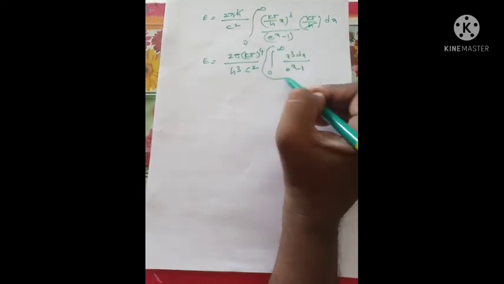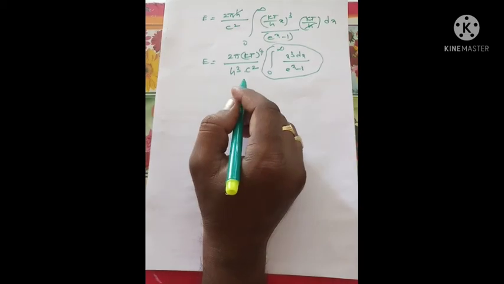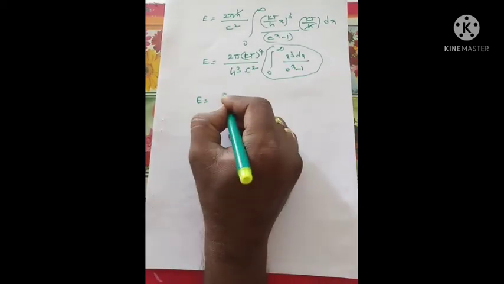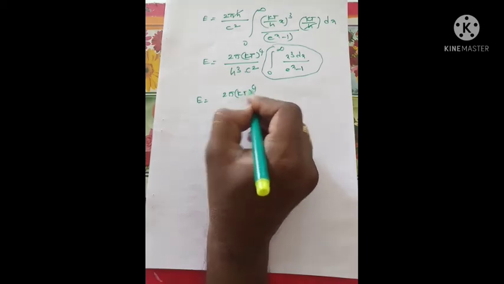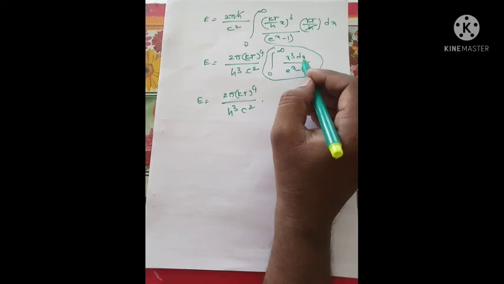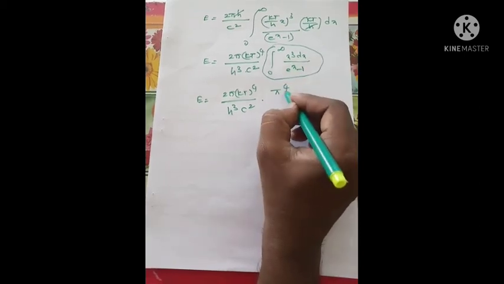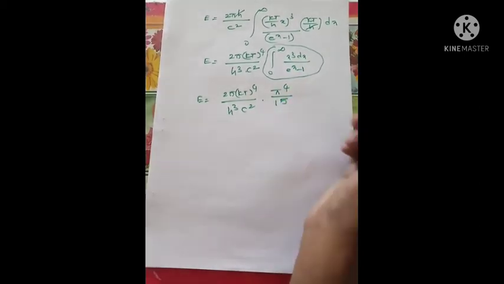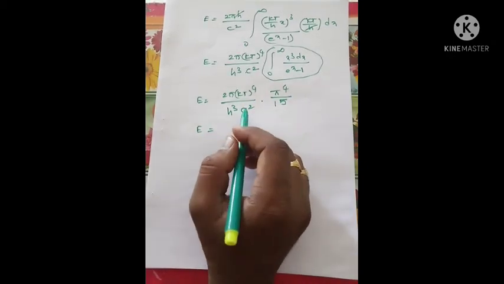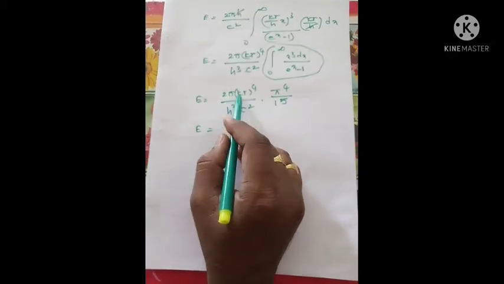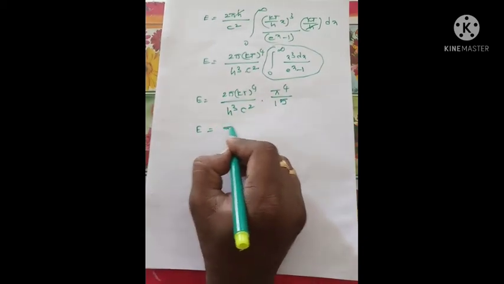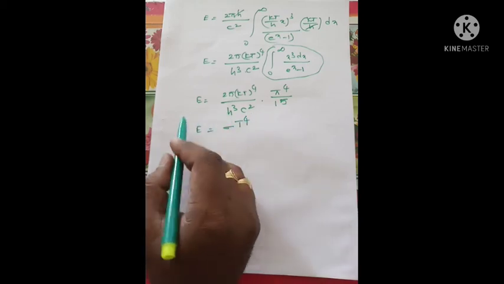We know this integral is a standard formula, so E equals 2 pi kT to the power of 4 by h cube c square into pi to the power of 4 by 15. Here 2, pi, k, h, c are all constants, so we write this equation as sigma into T to the power of 4.